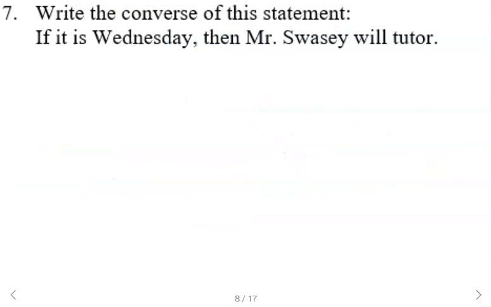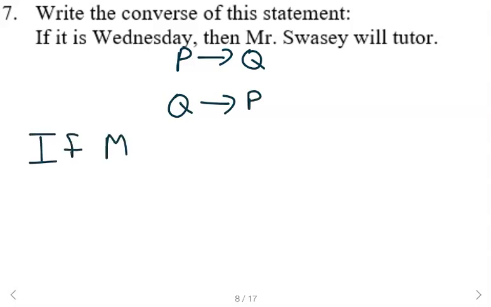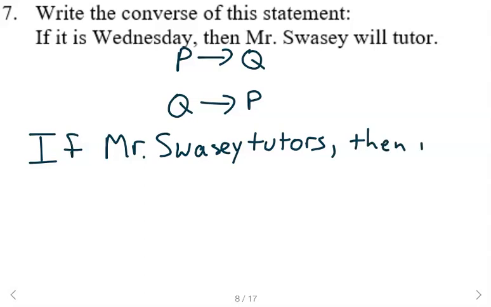Converse. So here's your conditional, if P then Q. The converse reverses those. So if Mr. Swayze tutors, then it is Wednesday.